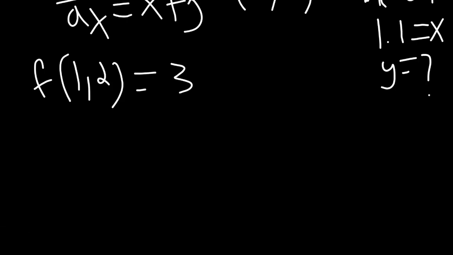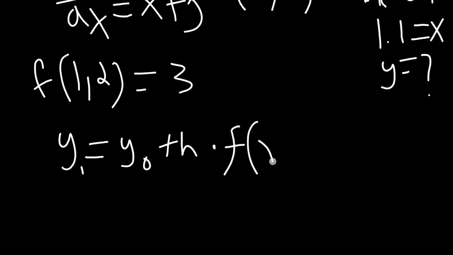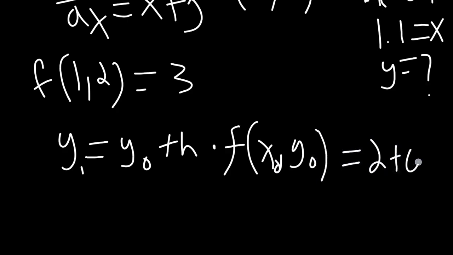Plug it in and apply Euler's formula. So we have y equals y naught plus h times f of x naught, y naught, which equals 2 plus 0.1 times 3, which equals 2.3.